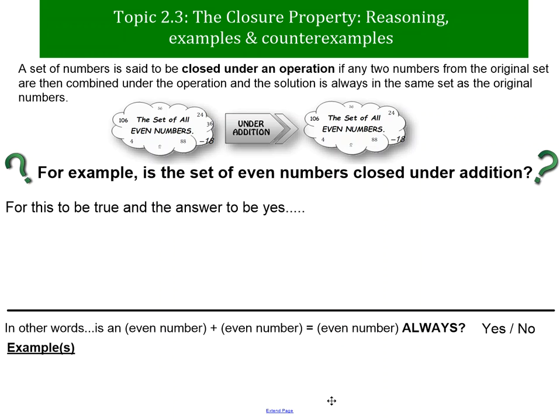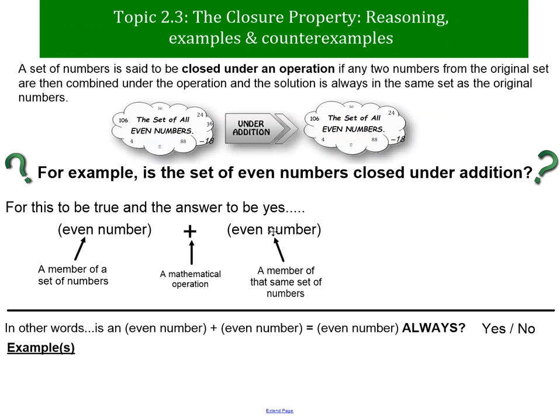Okay, for this to be true, and the answer to be yes, basically, you need a member of the set, and then a mathematical operation, and then another member of that same set. So you're taking two members of the set of numbers and you're combining them under, it's called, that's the verb, combining under this mathematical operation.